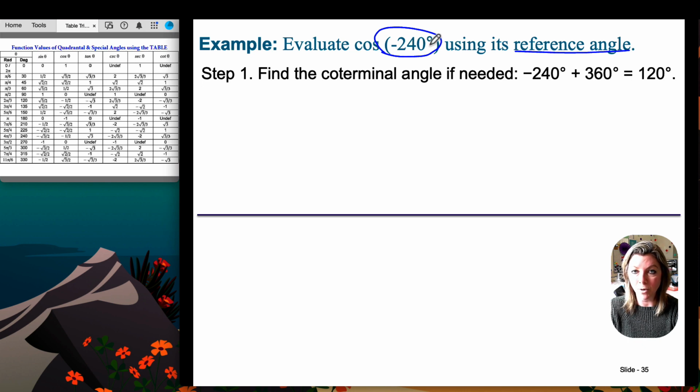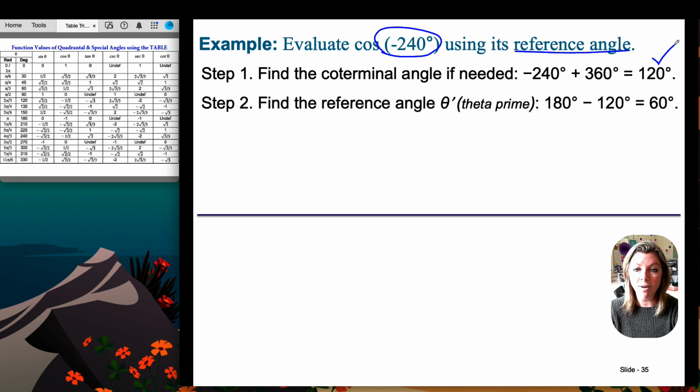But negative 240 degrees is not between 0 and 360 degrees, which is why we are doing step number 1, find the coterminal angle if needed. So if we take our negative 240 degrees and add one full rotation to it, we find the coterminal angle to be 120 degrees.